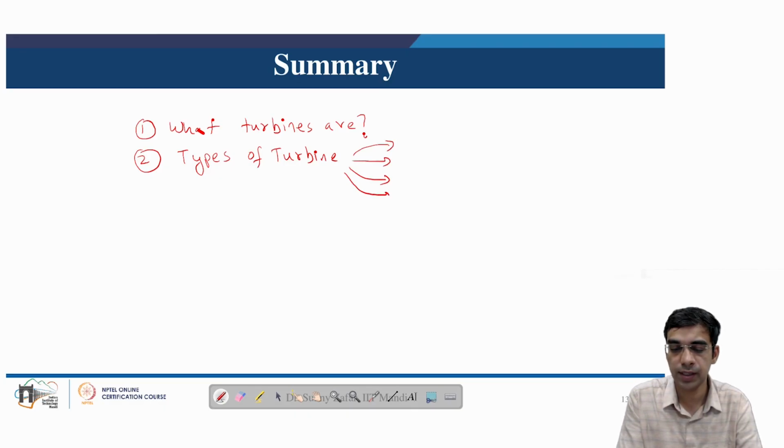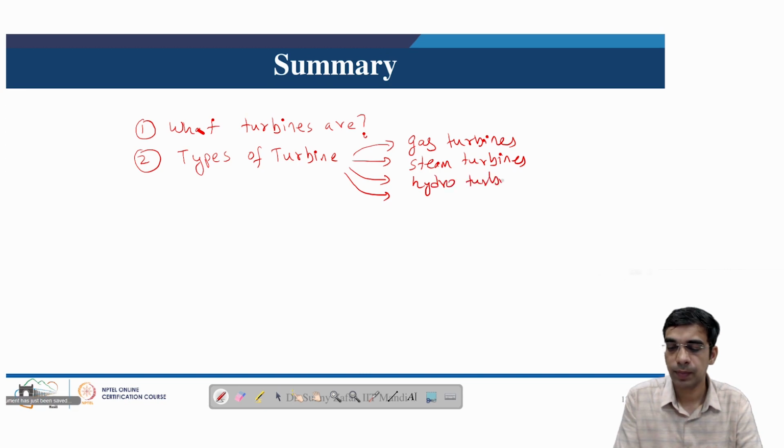For example, we have seen gas turbines, their operating conditions, and steam turbines. Then we have looked at hydro turbines. Lastly, we have looked at wind turbines.